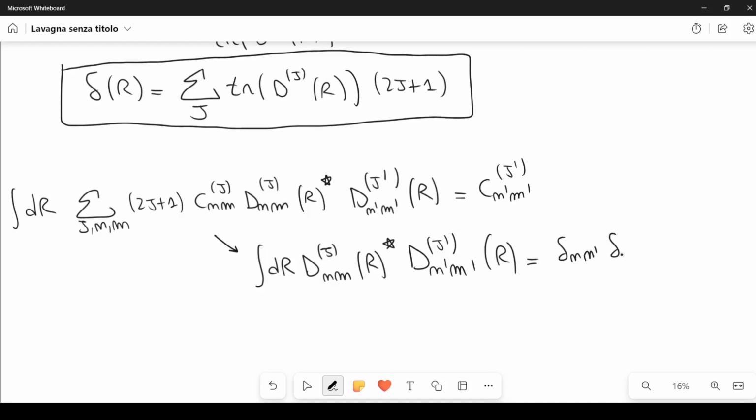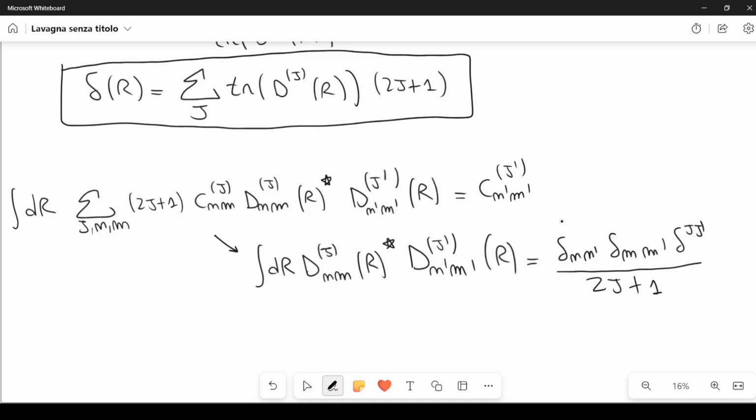prime, delta m m prime, delta j j prime, and we also have to divide by 2j plus 1, because when you integrate this, the factor 2j plus 1 will cancel this factor here.